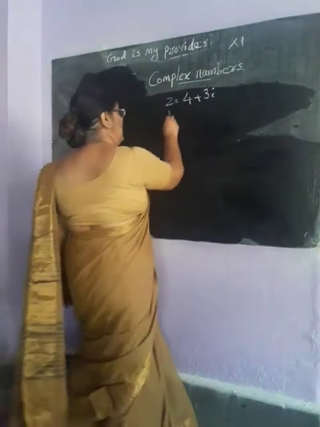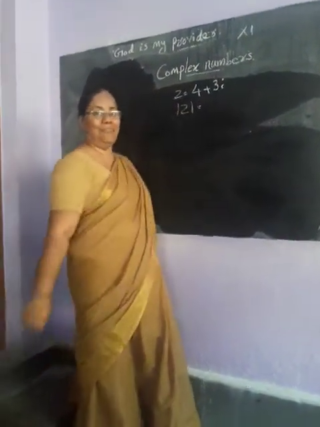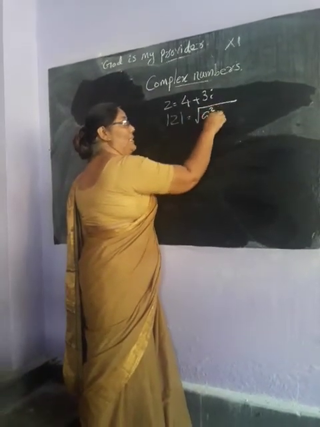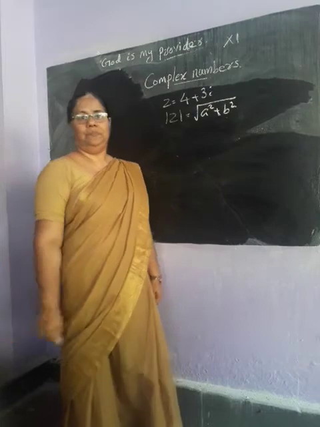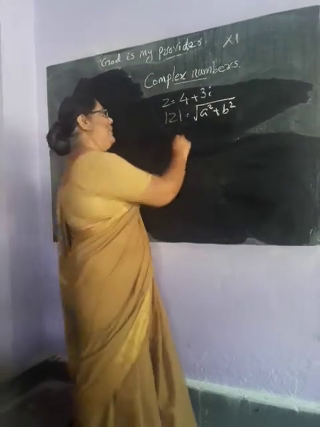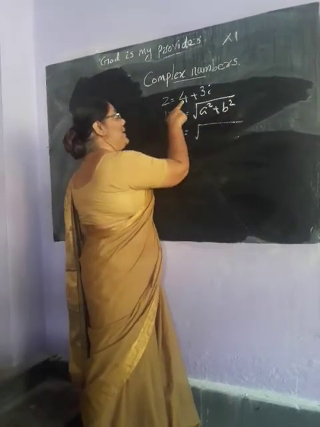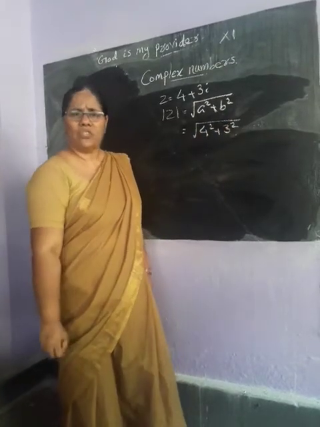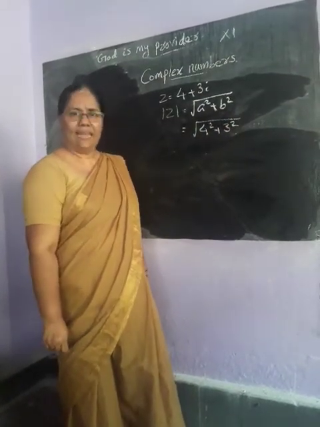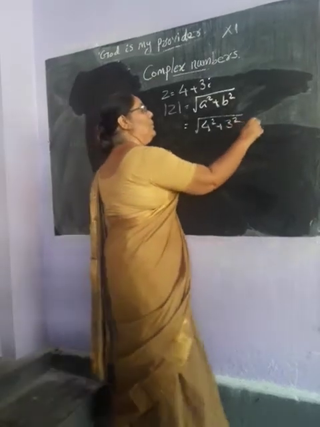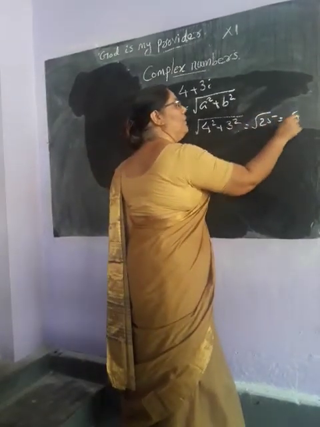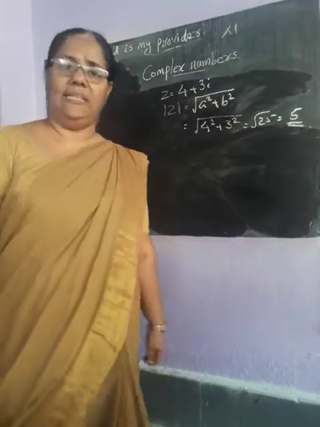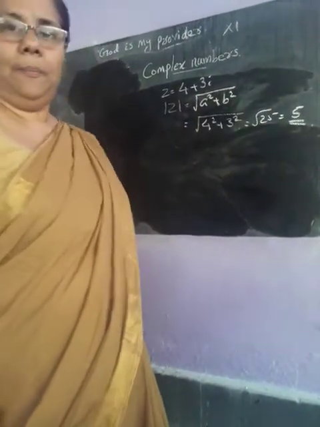Modulus of z means, say the formula, root of a square plus b square. Then what is your a? Your a is 4 square plus 3 square. What's the answer? 4 square is 16 plus 9. What's the answer? Root 25 is equal to 5. Modulus of 4 plus 3i is equal to 5.